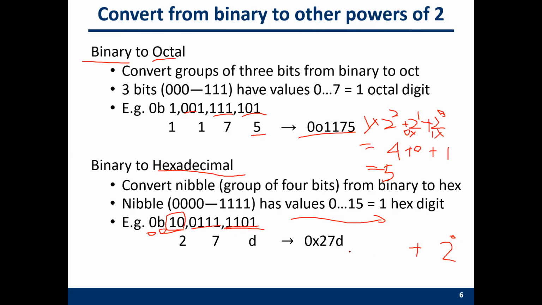We write 2^0 to 2^3, and write a 1 here, a 1 here, another 1, and another 0. So we have an 8 here, plus 2^2, which is a 4, and plus another 1.